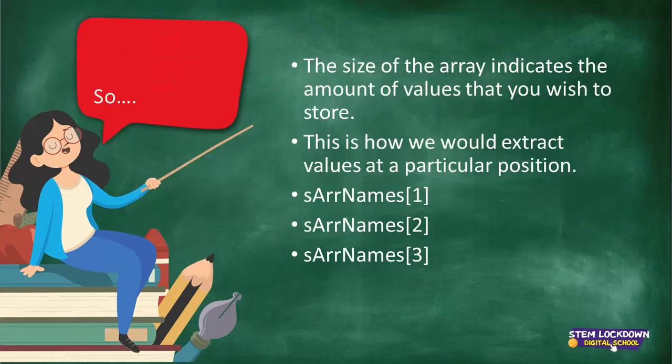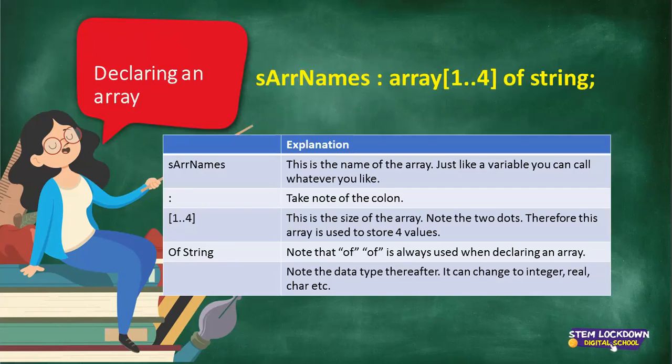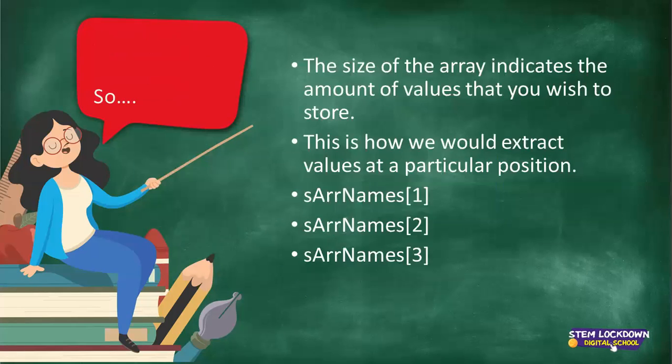So just to recap what we spoke about in the second part of this lesson, we spoke about how to declare an array. You should know what each part in the declaration means. You should take note of where an array is declared globally, and you should take note of how an array is achieving this.